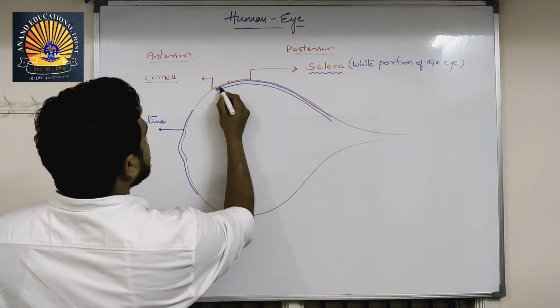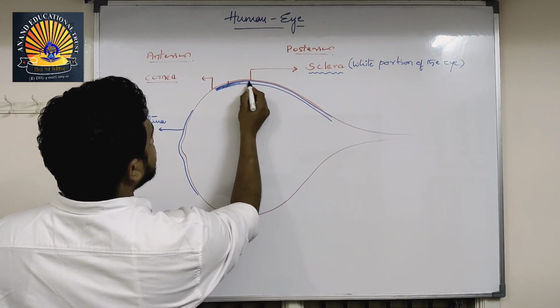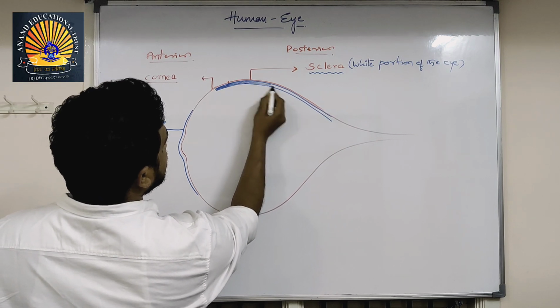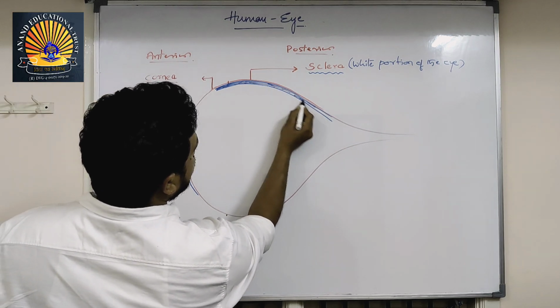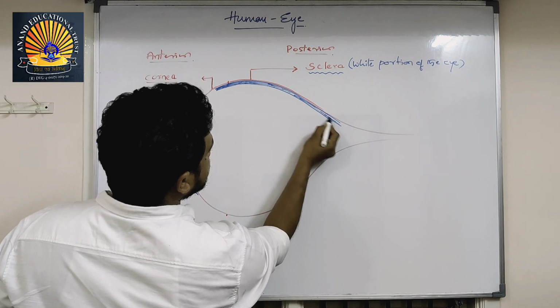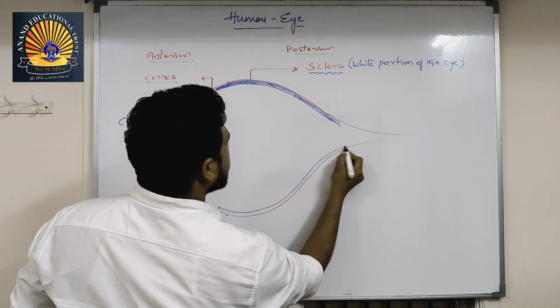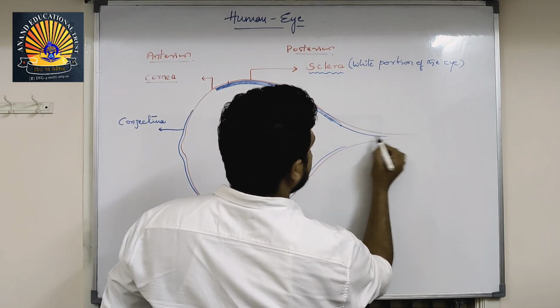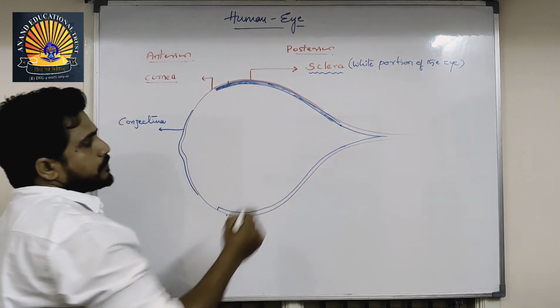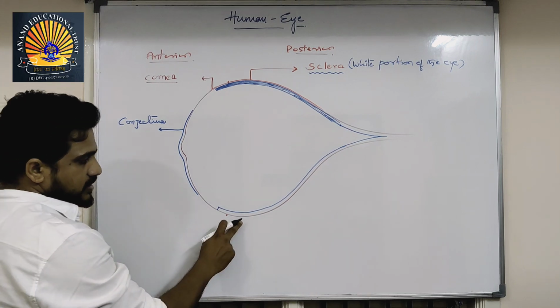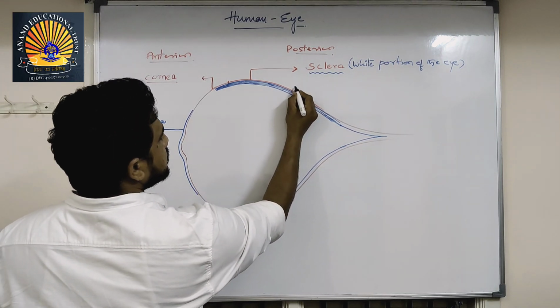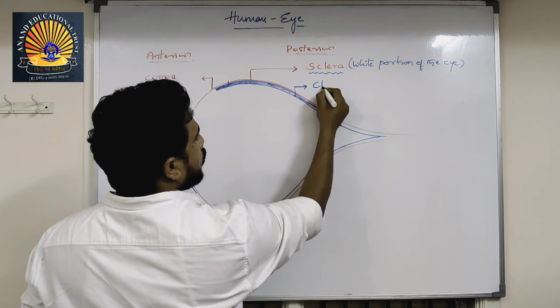Below the sclera, there is the choroid. This is the first layer, and this is the second layer, called choroid.